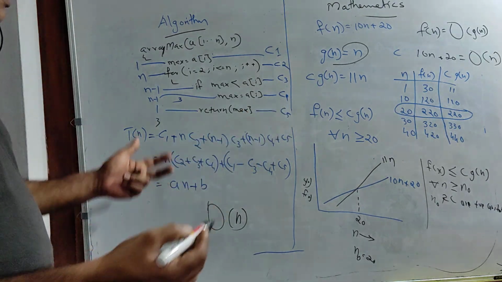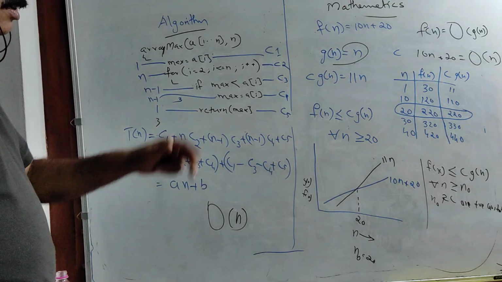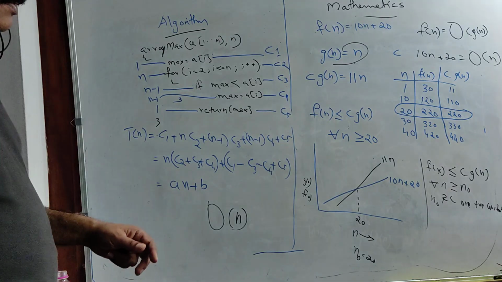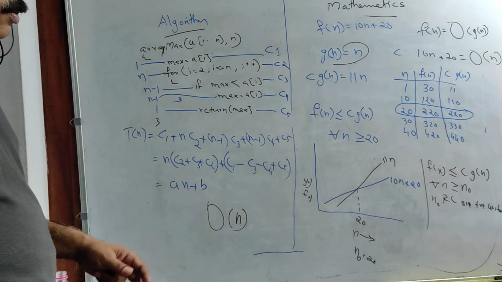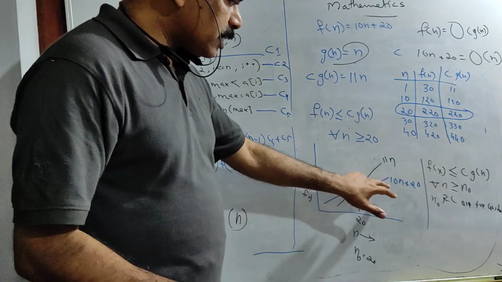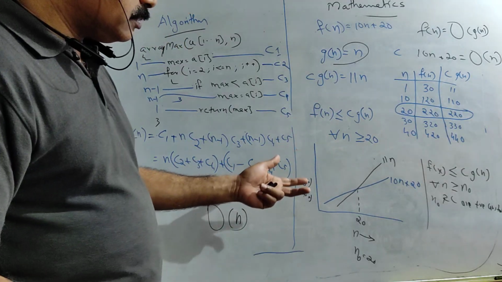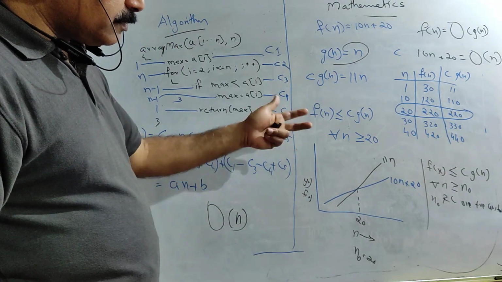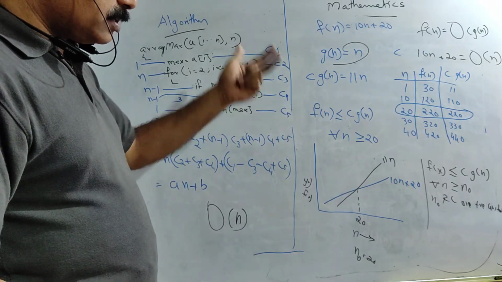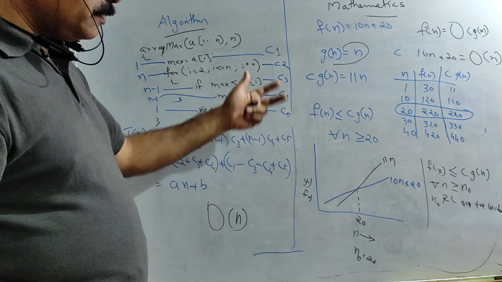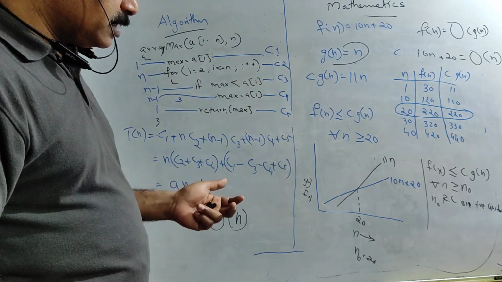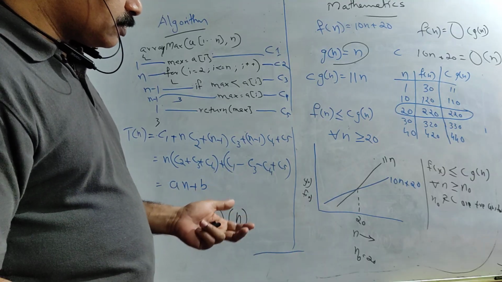So this way we can relate our algorithm concepts and pure mathematics. And remember, in the previous class I told you that you can draw so many lines above this 10n plus 20. Okay, one is 11n, then another one is some 20n, 30n, 100n, 200n, for different c values, and you will be getting various n0s.